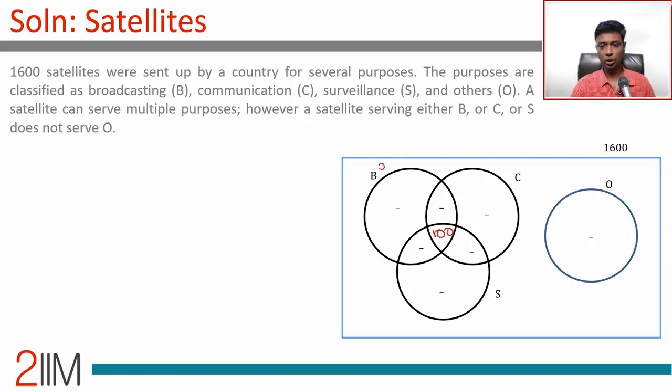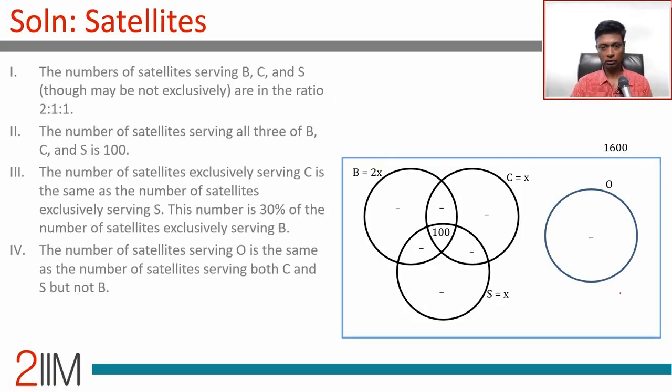We know that this ratio is 2:1:1. And so we fill this. The number of satellites exclusively serving C is equal to the number of satellites exclusively serving S. These two are equal.